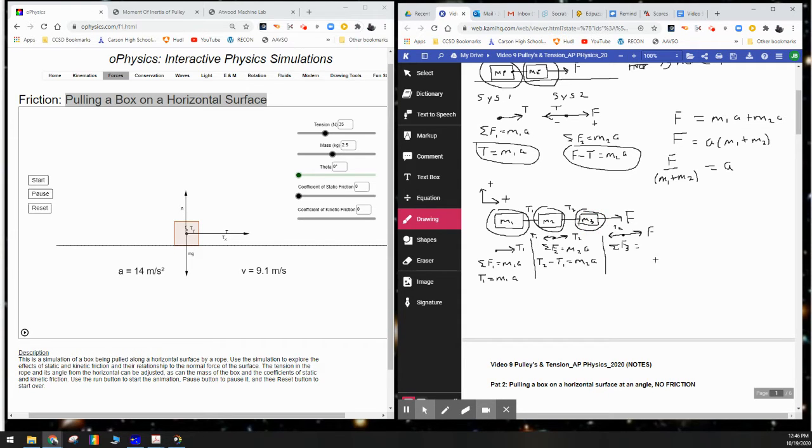Sum of the forces on system 3 is equal to M3A, because acceleration is the same for all these blocks. And so we have F minus T2, like so, is equal to M3A.